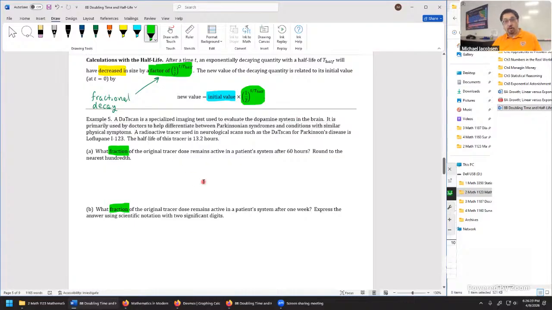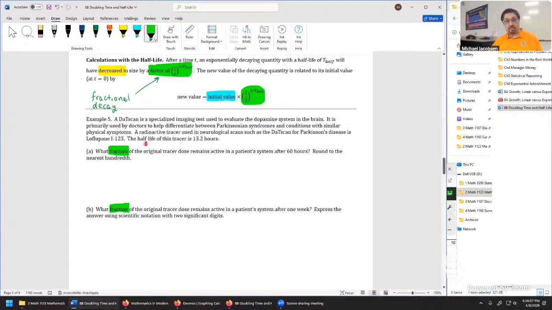And that means they're using a radioactive tracer. This is something that gets injected, enters into your bloodstream. Eventually, it'll cross a blood-brain barrier, and now they can take an image of your brain and look into these structures. So a radioactive tracer used in neurological scans, such as the DAT scan for Parkinson's, is that chemical. This involves some kind of radioactive isotope of iodine, called specifically ioflupane I-123.